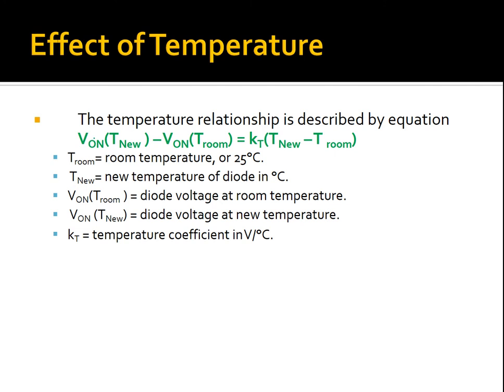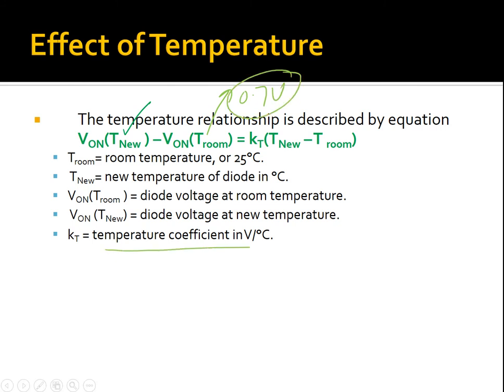This is the diode turn on voltage at the new temperature, and this is the value of the turn on voltage at room temperature, usually 0.7 for silicon. kT is the temperature coefficient.